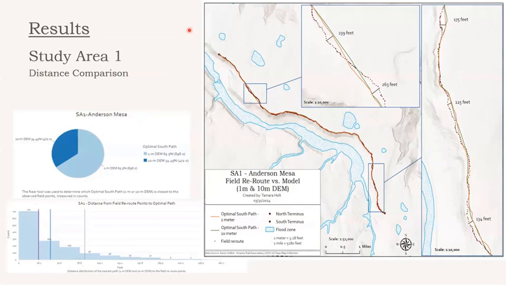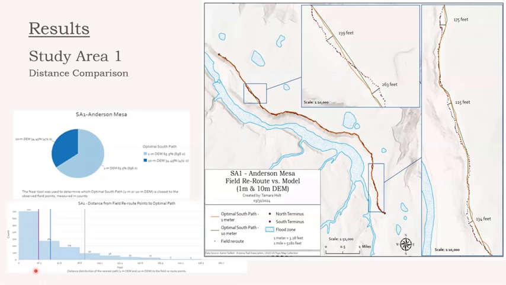This slide shows the distance comparison between the Arizona Trail Association proposed field reroutes, these brown dots, and the 1-meter and 10-meter DEM optimal paths generated by the model. The Near tool was used to determine which optimal path was closest to the reroutes selected by ATA, and the distance was calculated. The mean was 41 feet, the median was 26 feet, with a standard deviation of 45 feet.